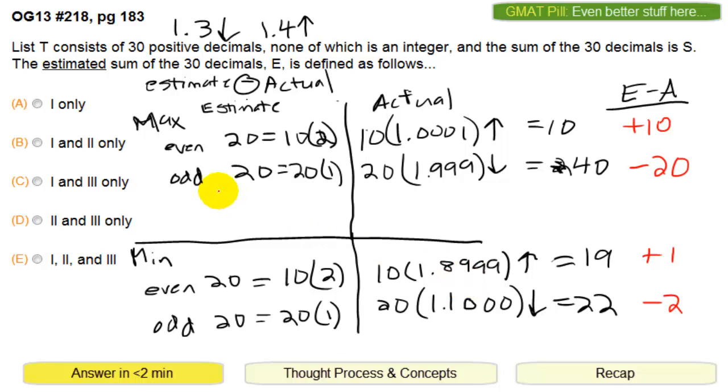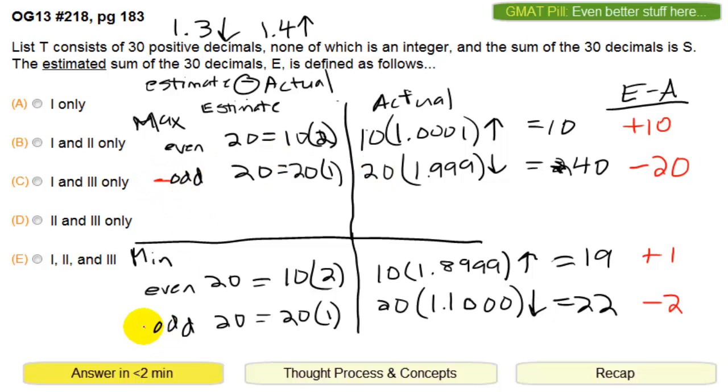So these are the four extreme situations. Your job, of course, is to pick an even set and then an odd set. Which even set and which odd set would you combine to maximize the difference? To maximize the difference, you want the most positive difference. The most positive difference for even is this plus 10.